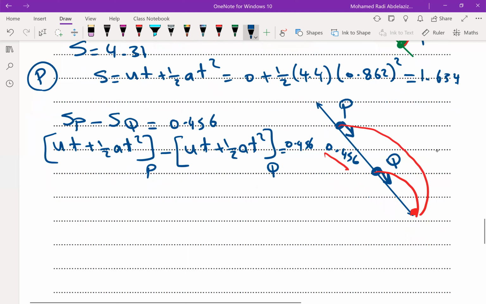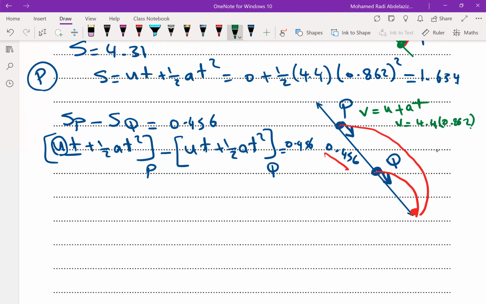Now for particle P, ut, I will try now to get the initial velocity, which is the final velocity for the first trip, which will be V equals U plus at. So V is, U is 0, A is 4.4, and the time 0.862. I use it as initial velocity.